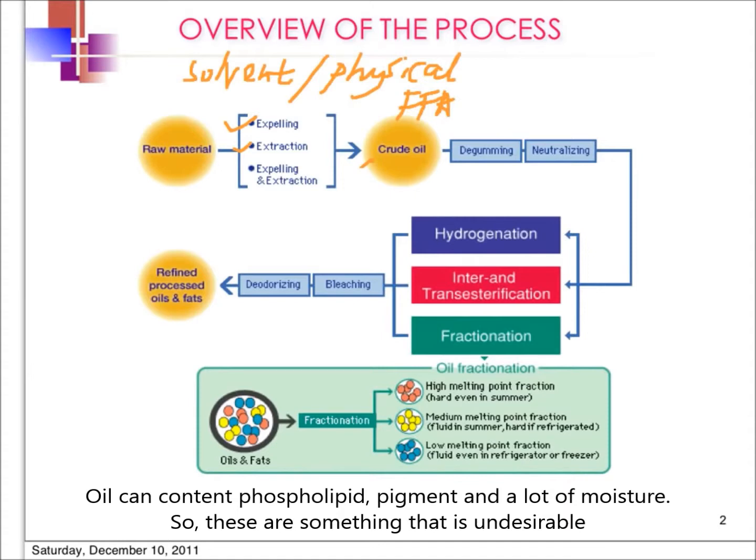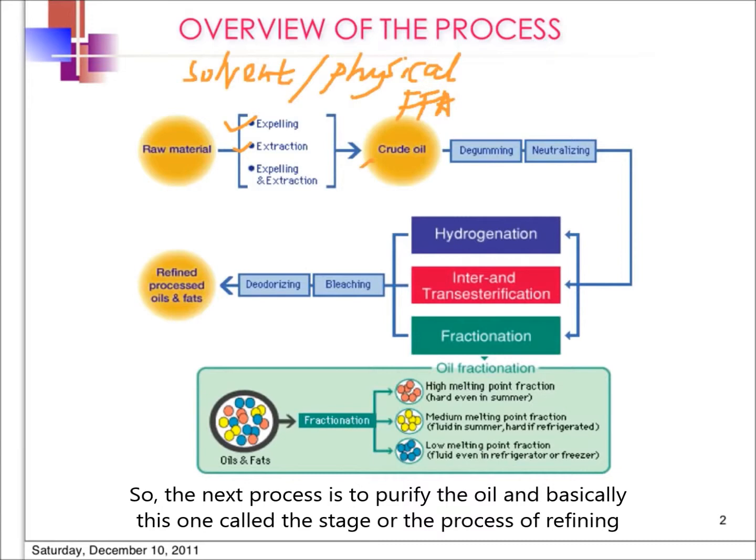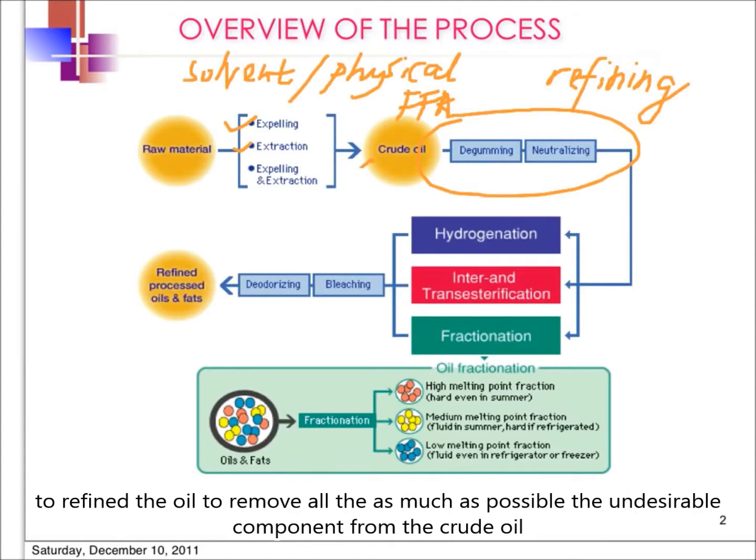So this is something that is undesirable. So the next process is to purify the oil, and basically this is what we call the stage or the process of refining. To refine the oil, to remove as much as possible the undesirable components from the crude oil.